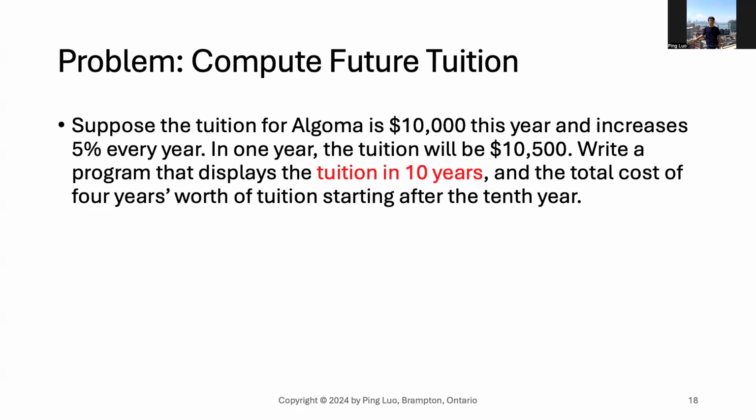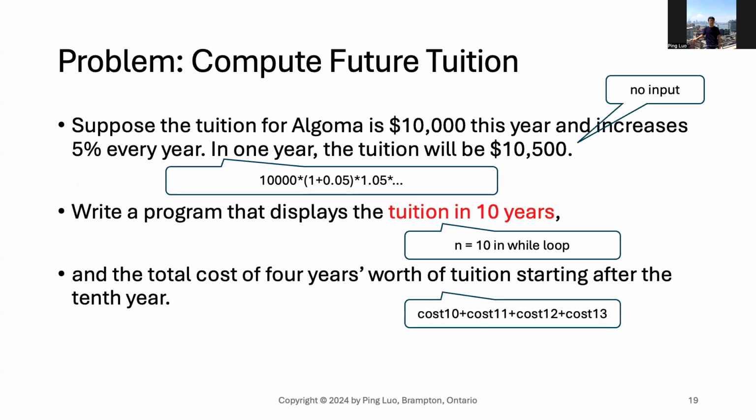So let's see another example. Suppose the tuition for Agoma is 10,000 a year, and it will increase 5% each year. So what will the tuition be in 10 years? We know that the equation is like this, right?